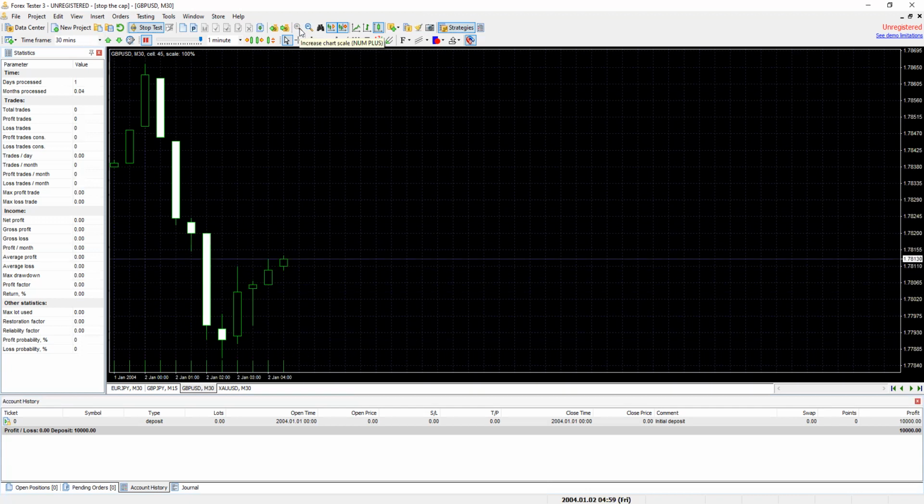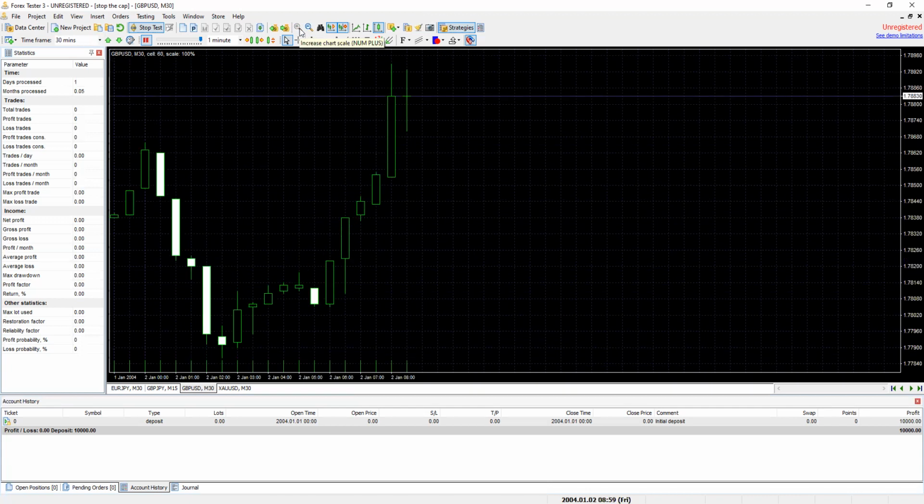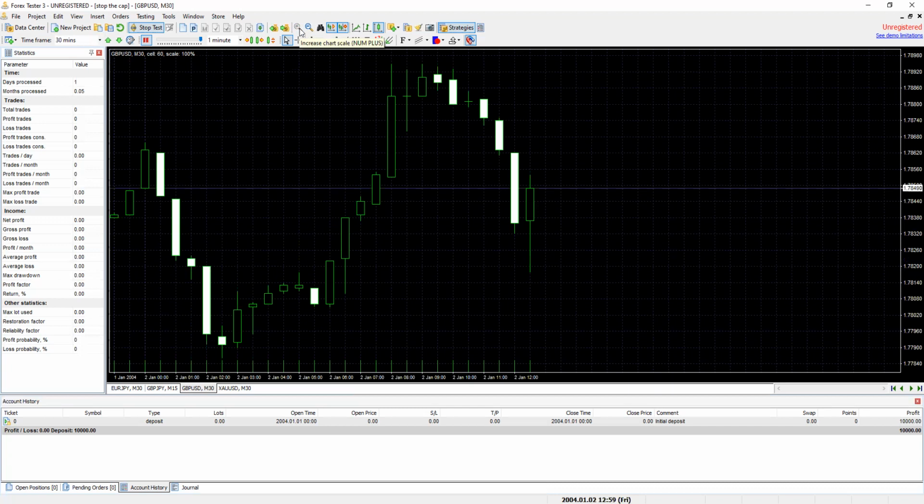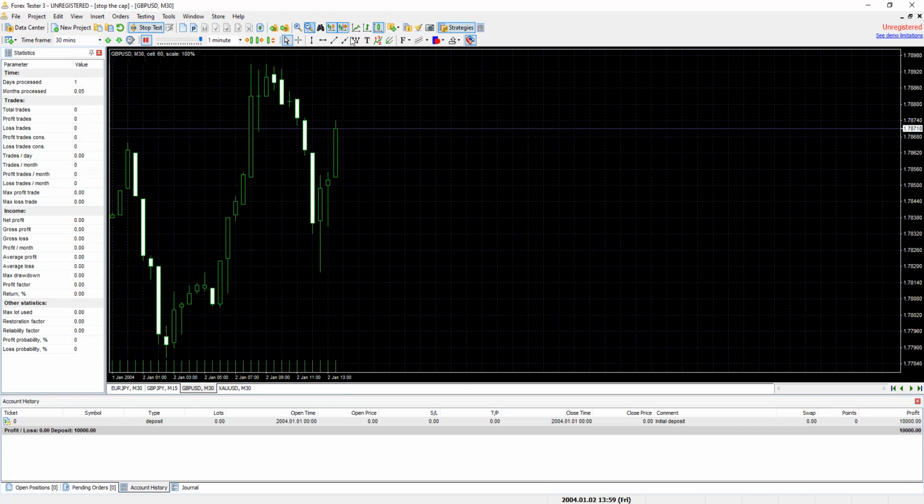So I'm using Forex Tester 3. If you are not really familiar with how this platform works, then I'll probably need to make a video on that and help you guys know how to do it. I'm on an unregistered version, so it's in demo, so you can only backtest for a month. I haven't paid for this one. You have to pay for a Forex Tester subscription.